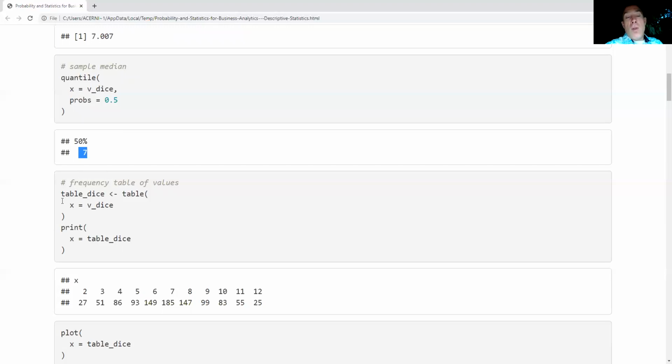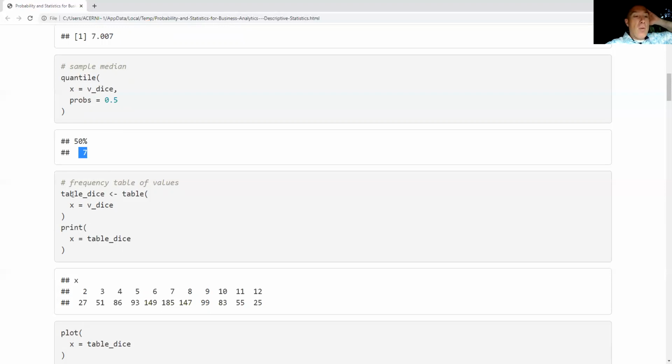Now for the mode, R really doesn't address the mode very well. Professional statisticians don't use it that often, honestly. We use it more for checking data quality than as a central tendency, except when I'm dealing with categorical data. So here, I'm going to make a table and check the most frequent observation.